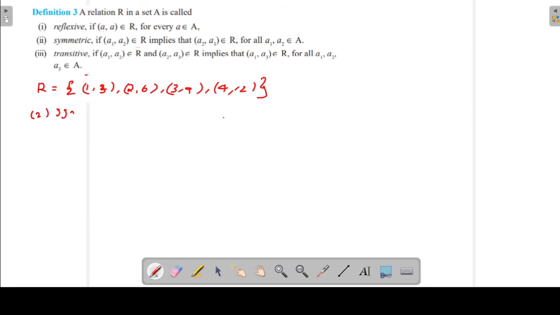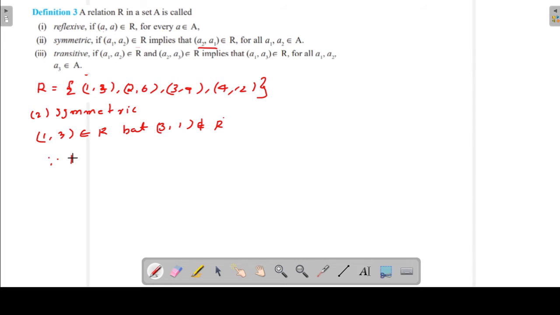Okay, symmetric. For symmetric, you take first (a1, a2), any one from this relation, like (1, 3) belongs to R. But check (a2, a1) belongs to R: the reverse, (3, 1), does not belong to our relation.